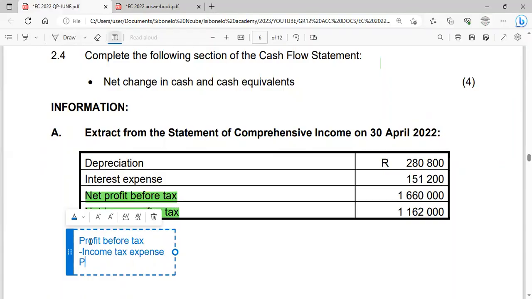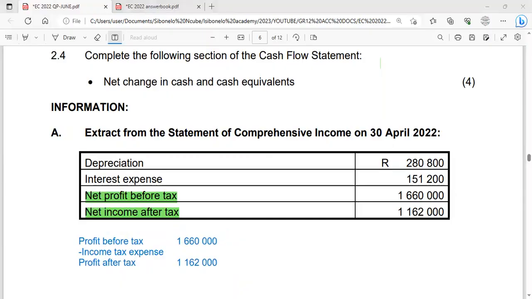And then you get profits after tax. So here we've got net profits before tax of 1,660,000, and then the profits after tax is given. It's 1,162,000. So guys, the difference between these two balances will be your income tax expense.